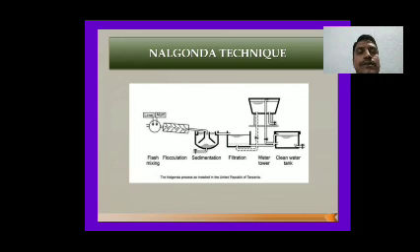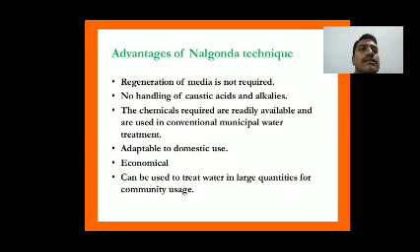Also removal of microorganisms from water. Then after, the water is used.